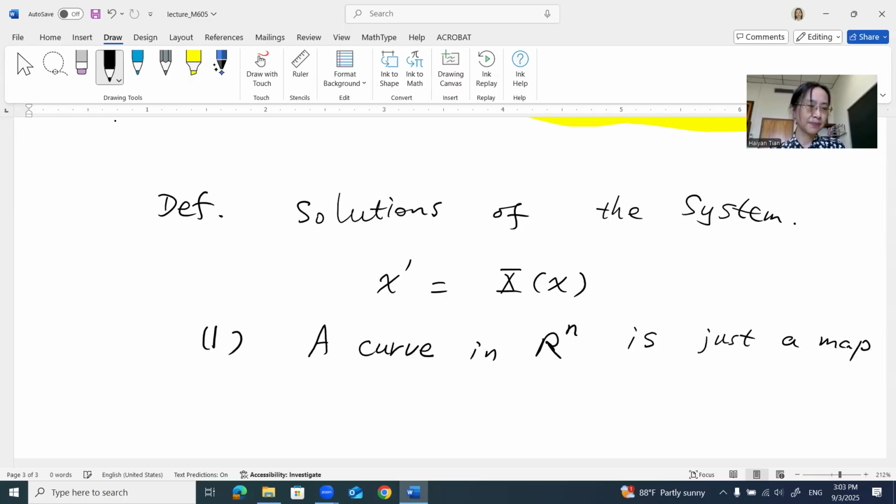What map? It is a vector, defined on t, a time interval. Each component of the vector is on the time interval. That means the vector is defined as a time-dependent vector, so from a time interval to Rn.